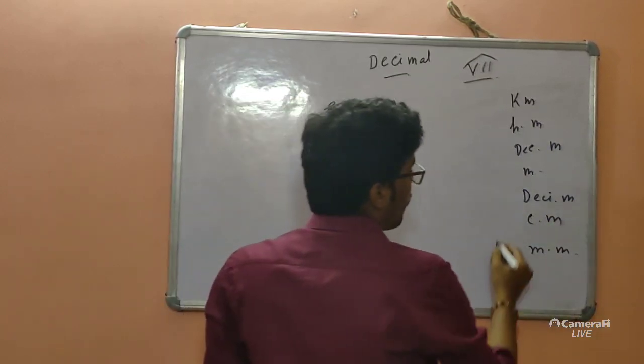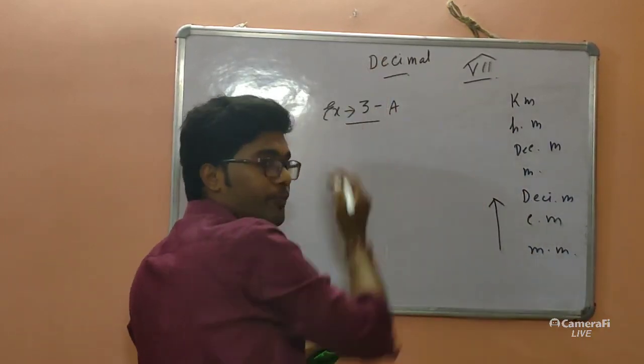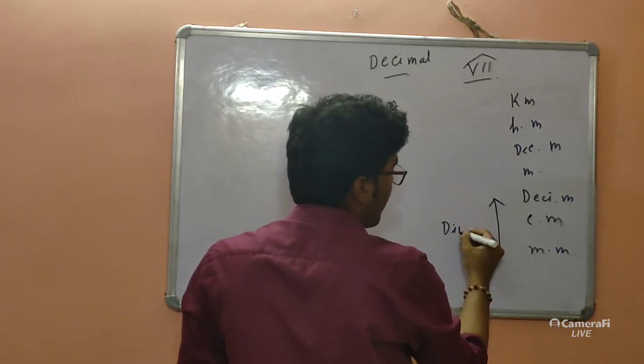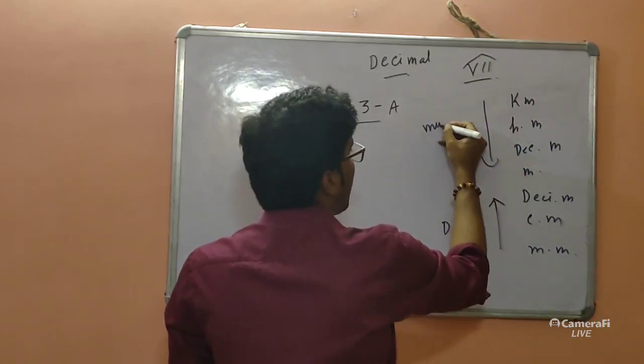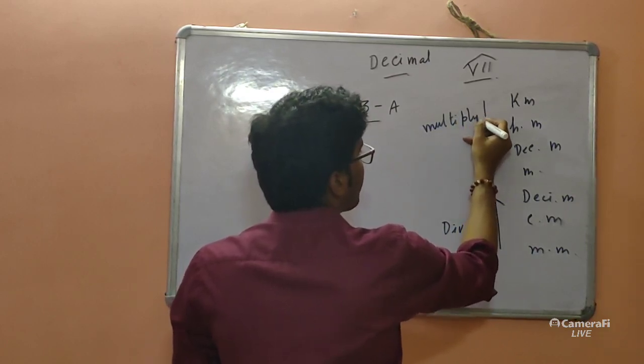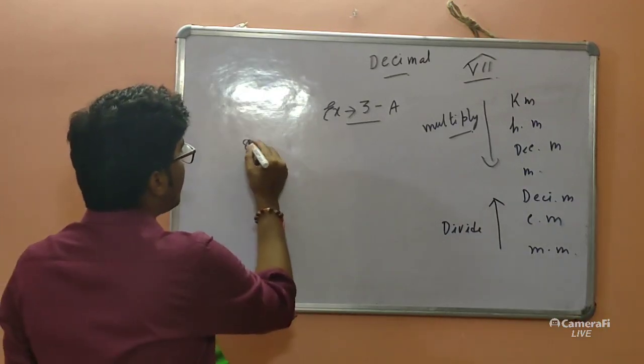Now you have also learned, when we go up, from down to up, we divide, and when we go down we multiply. Clear? Okay. Now come back to our question number 8.